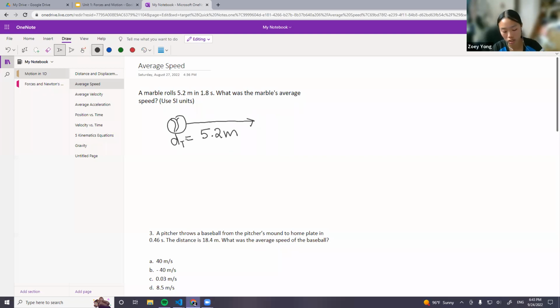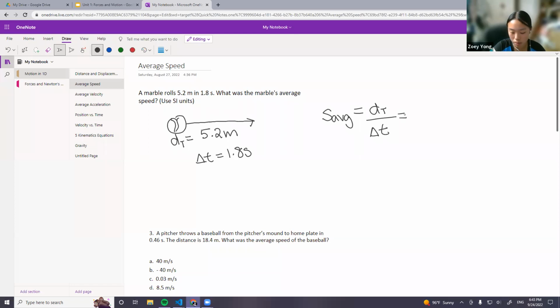And this entire journey takes 1.8 seconds. And since that's the amount of time it takes, that's delta t, right? Change in time. And our formula that we just learned is the average speed equals total distance traveled divided by the change in time.